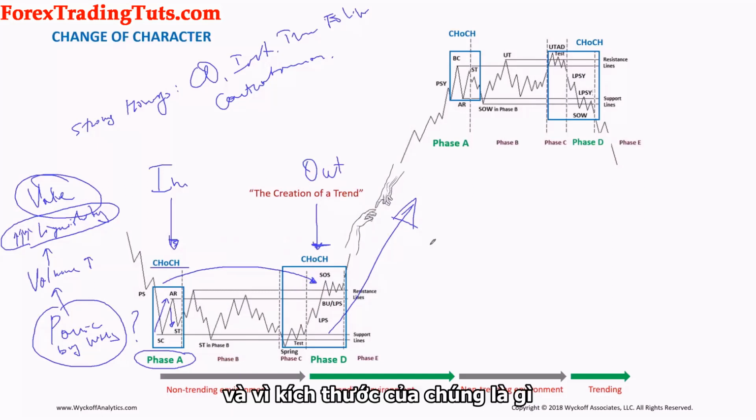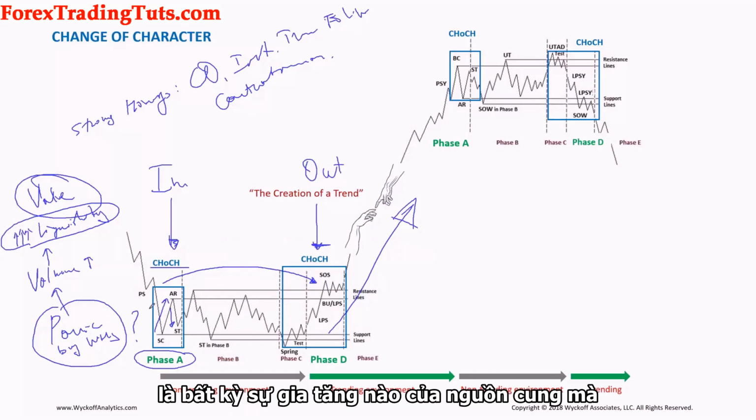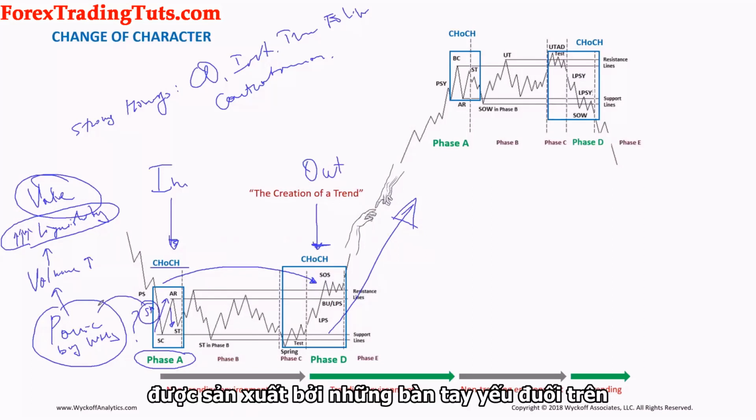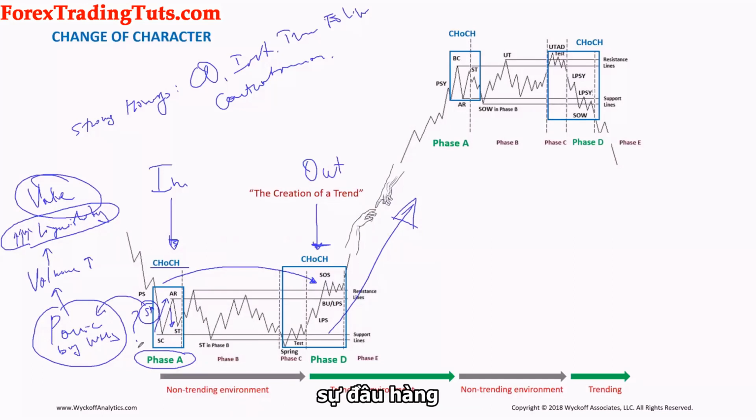And because of their size, whatever increase of the supply was produced by the weak hands on the capitulation is going to start gradually being absorbed. And we could observe situations where big institutions, contrarian institutions, are already in buying mode, they are accumulating, and yet some other institutions and the public, the weak hands, are still selling.